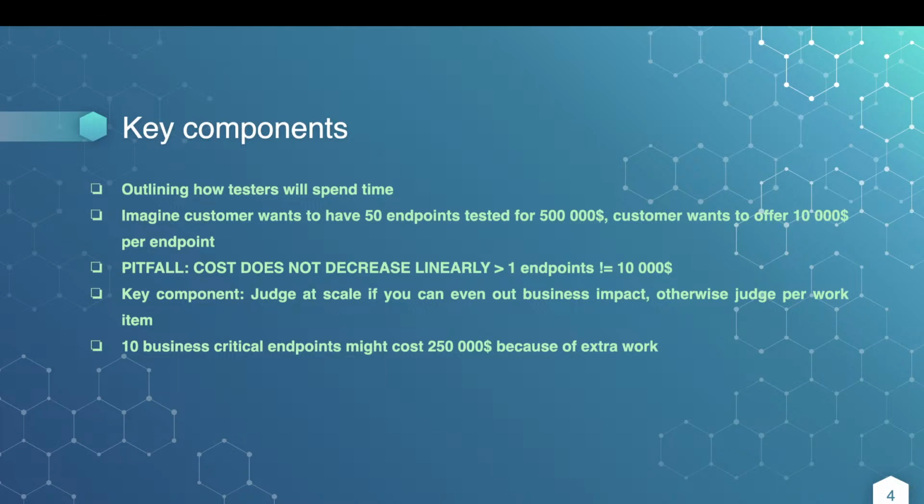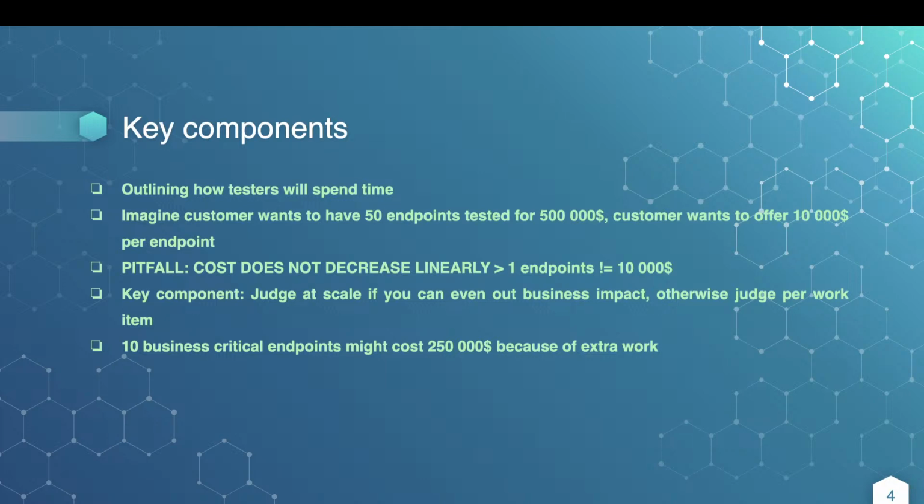I'm taking 160 endpoints. I am doing, let's say, $1,000 per endpoint. No, you have to judge. Maybe I have 10 endpoints of critical, I have 50 endpoints of level medium, and I have 100 endpoints of level low. Then I can make a proper price.